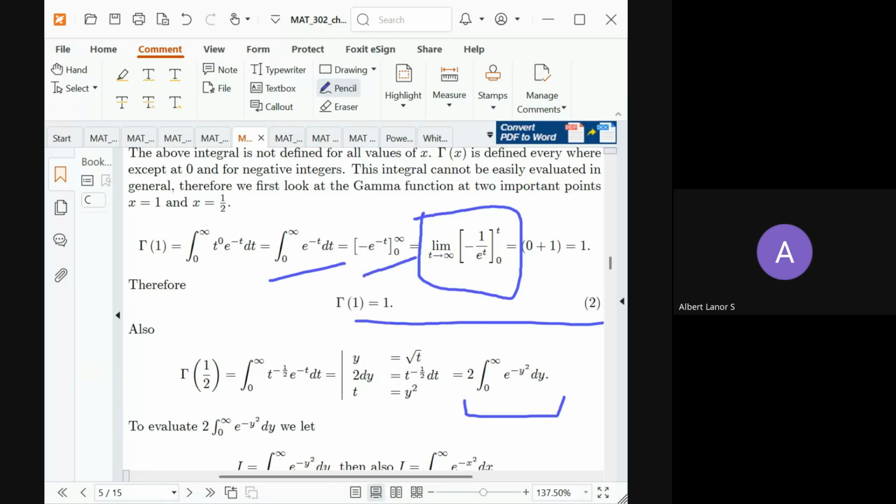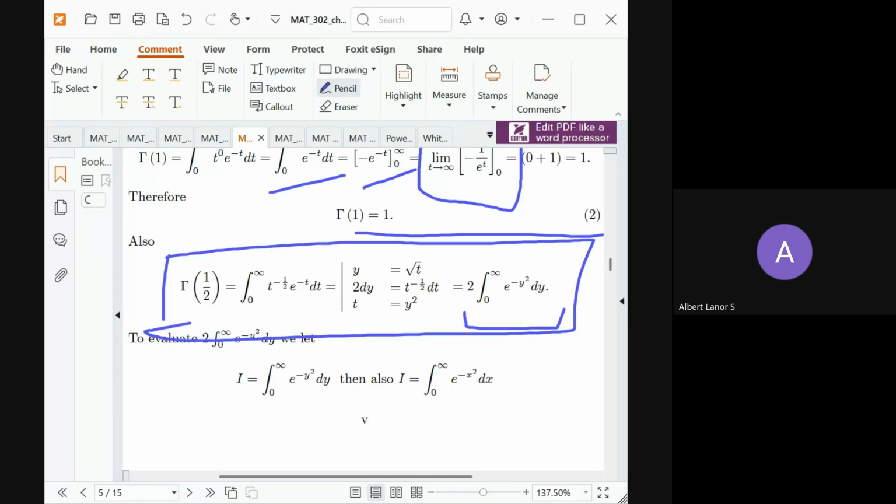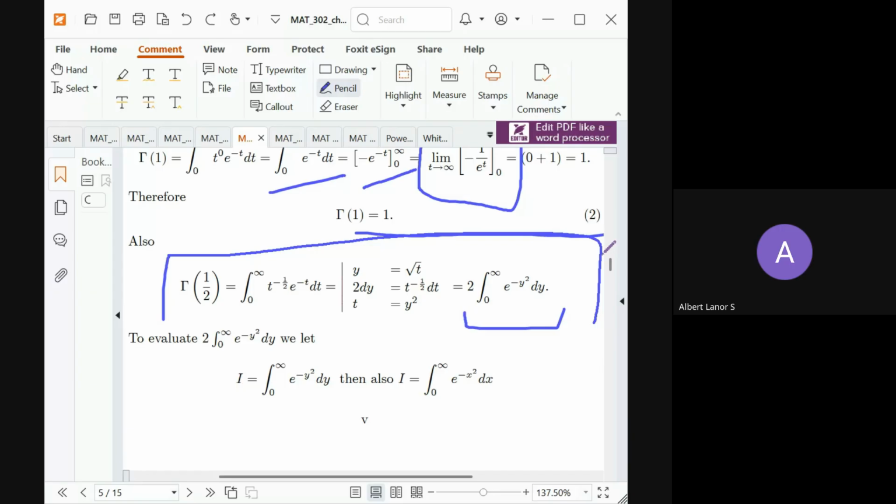Now we come to gamma of half. The gamma of half, write it this way. Then we apply integration by parts. If you do integration by parts, you're going to have 2 times the integral of e to the minus y squared dy.